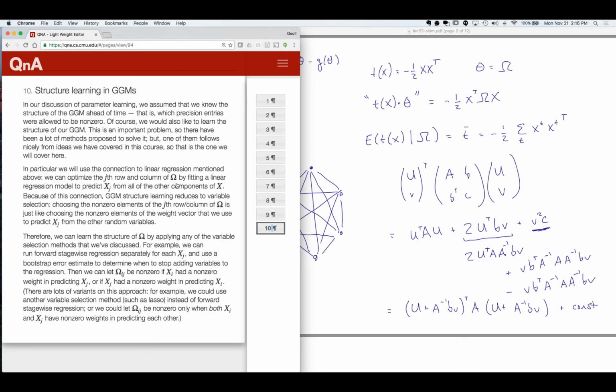Because we can do that, structure learning basically reduces to variable selection. We just choose the non-zero elements of the jth row and column of omega by running a linear regression to predict the jth element of x from all of the other elements of x, and using variable selection to decide what are the relevant predictors.